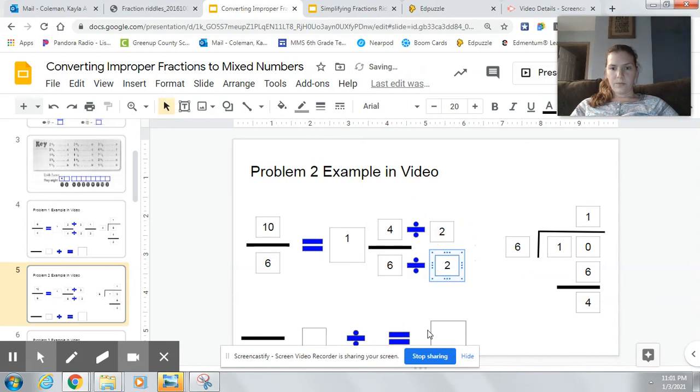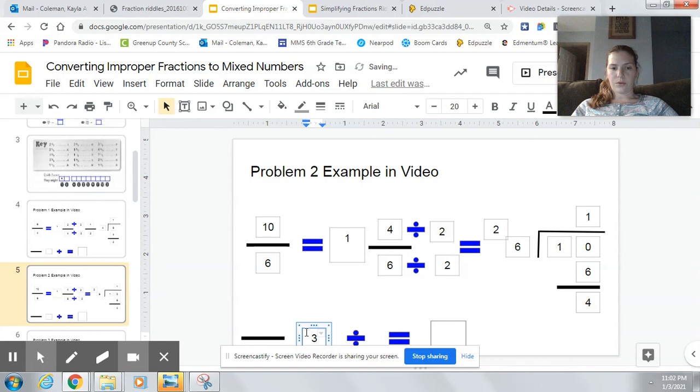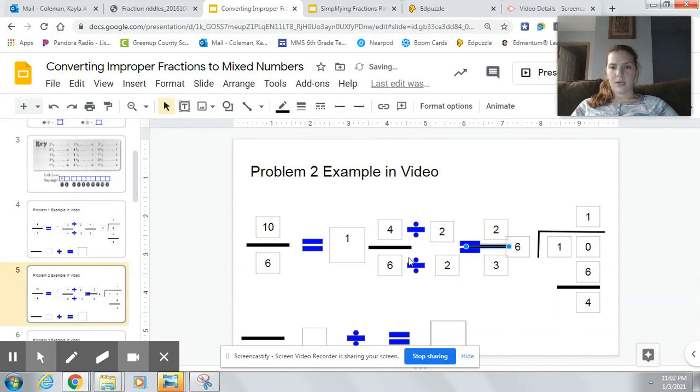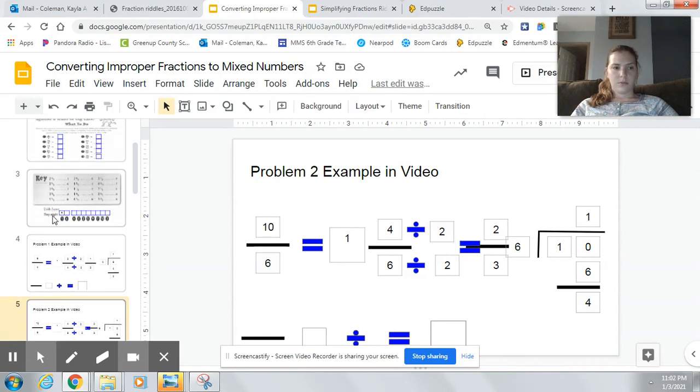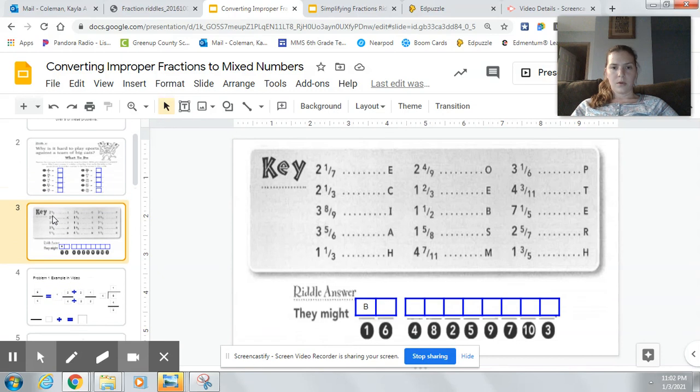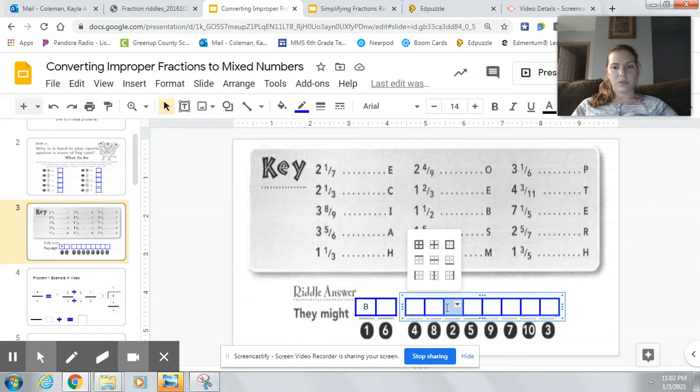We're going to get 4 divided by 2, that's going to be 2. 6 divided by 2, that's going to be 3. So the simplified fraction is going to be 1 whole and 2/3. 1 and 2/3 is E. So number 2 is E.